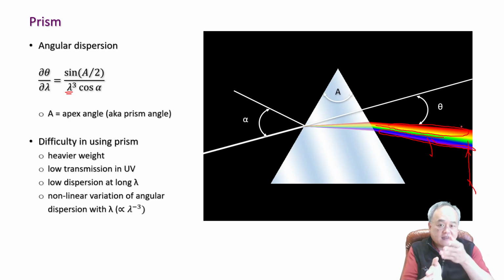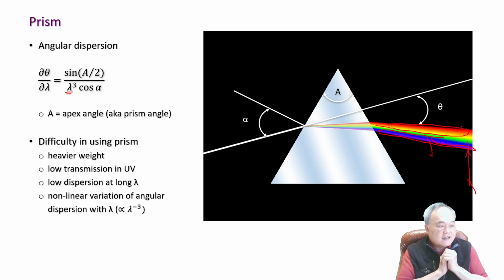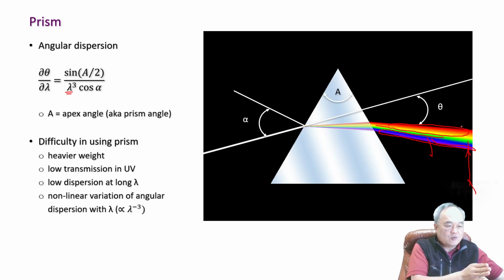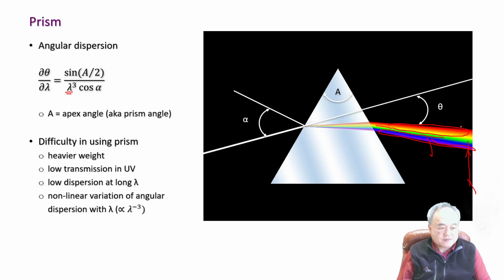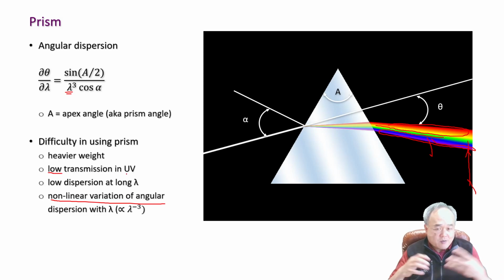So red, orange, and yellow are jam-packed together, very close, yet green, blue, violet, toward the UV, are separated much better. So this nonlinear variation of angular dispersion, the very poor dispersion at long wavelengths, the very low or no transmission in UV, and the heavy weight of the prism have been the main difficulties in using a prism.